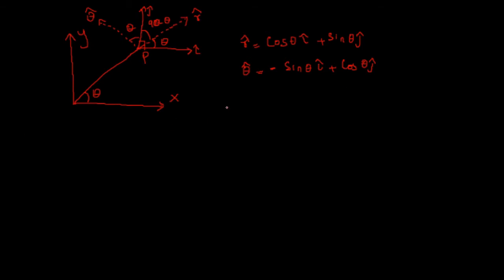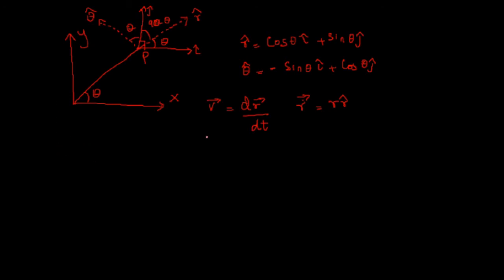So first let us find the velocity. Concentrate and listen to the video because it's very important for your problems. Velocity is nothing but dr vector by dt. I can write my r vector as r into r cap. Let me replace it over here.